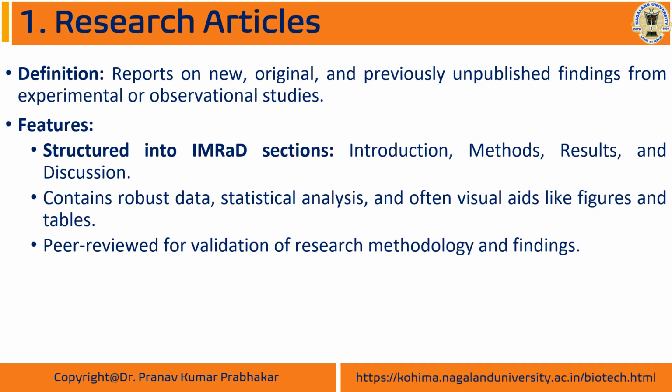Normally this type of original research follows a structured format which we call IMRAD. IMRAD is an abbreviated format which contains introduction, methods, results, and discussion. We will talk about the IMRAD format also. It contains original robust data, statistical analysis, and figures and tables which support your data.